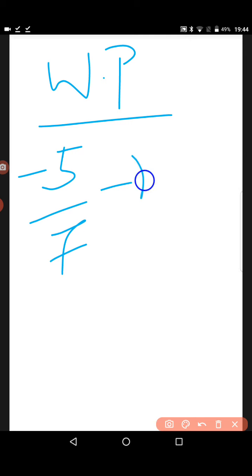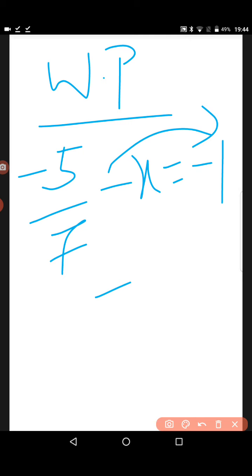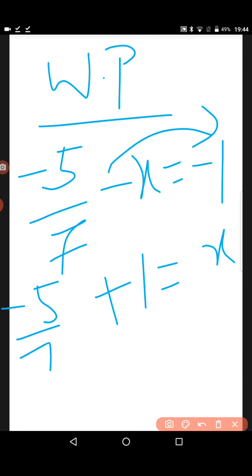Then minus x. We are taking that number as x, equals minus 1. Then minus x, let it go that side so that it becomes plus, right? Now minus 5 by 7, this will be plus 1, that plus 1 will come this side, which will be equal to x. Now you have to find the LCM.